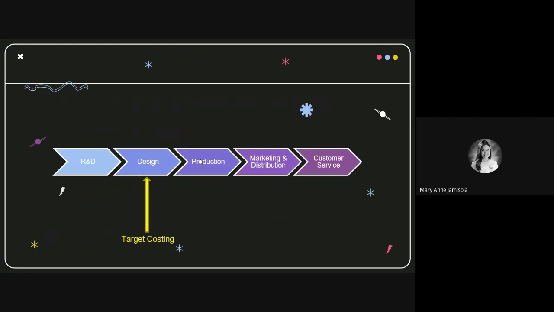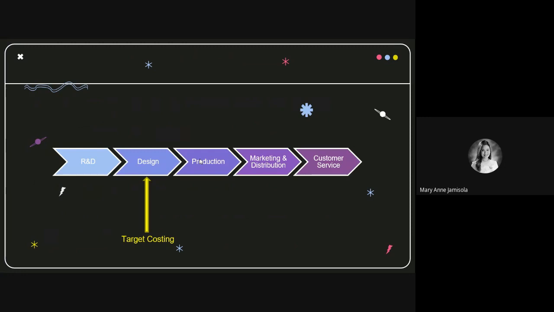So, how to get target cost again? Target cost is actually the difference between your market price minus your desired profit. So, for example, if you are selling a particular product and you want to sell this at 500 pesos, so 500 pesos is your determined market price. And then how much profit would you want to earn from this product since you are going to sell it at 500?